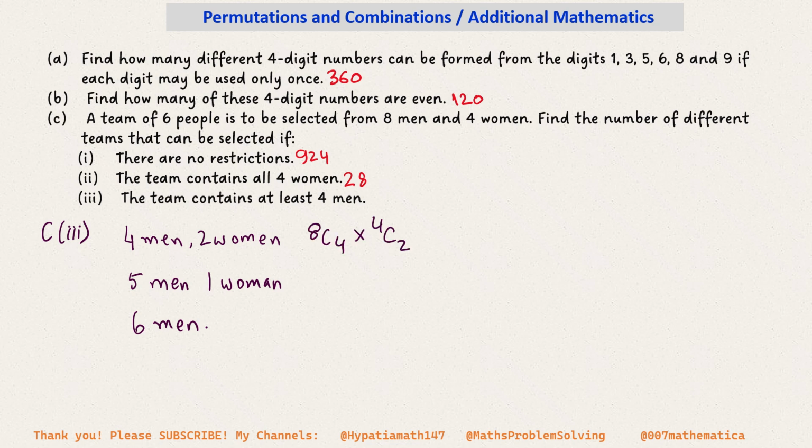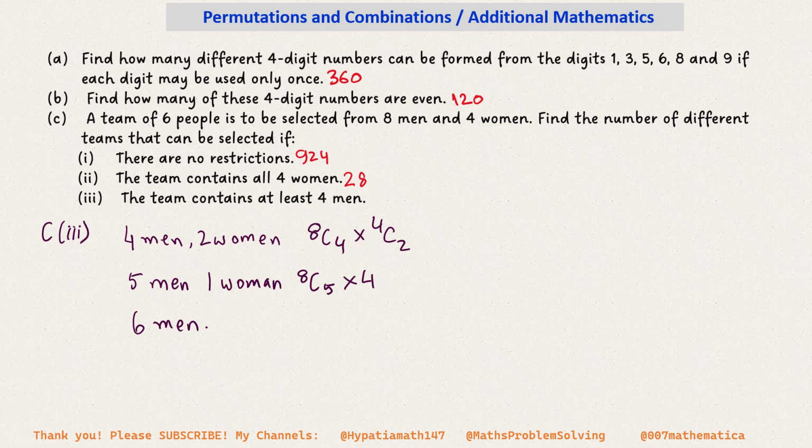So 4 men and 2 women, the ways we can choose them are 8C4 times 4C2. 5 men and 1 woman would be 8C5 multiplied by 4, because you can pick 1 woman out of the 4 in 4 ways. So any one of the 4 women can be picked in 4 ways.